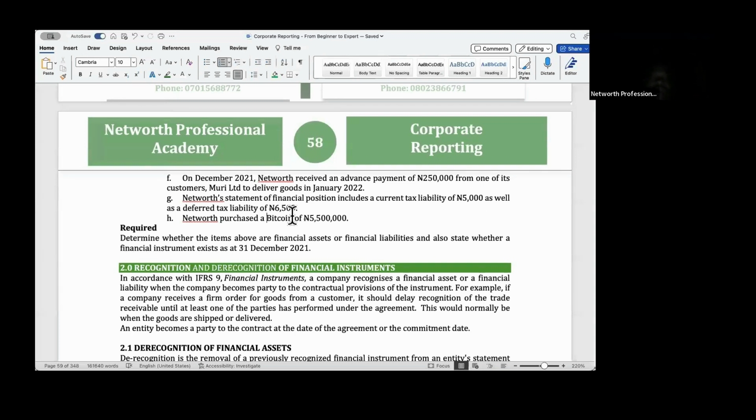When you go to an exchange, all those guys that sell it, you buy it from them. When you want to get back your money, there have to be a buyer. You need to sell it to another person for you to be able to have your money. So it doesn't really give you a right to receive.